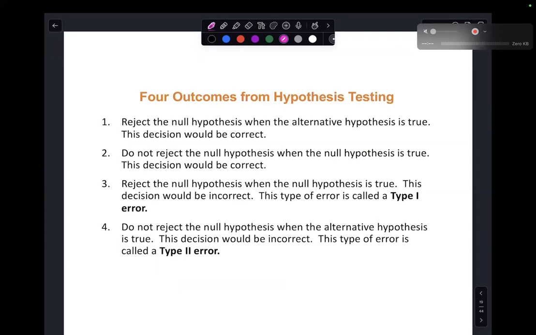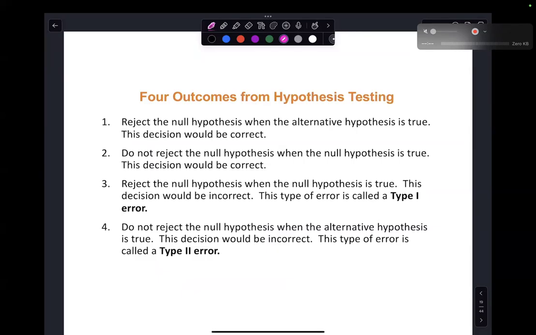So if you don't reject the null hypothesis, but you have proven that the alternative hypothesis is true, then this is a type 2 error. So when you don't reject, but you should have, it's a type 2 error. But if you reject when you shouldn't have, it's a type 1 error.